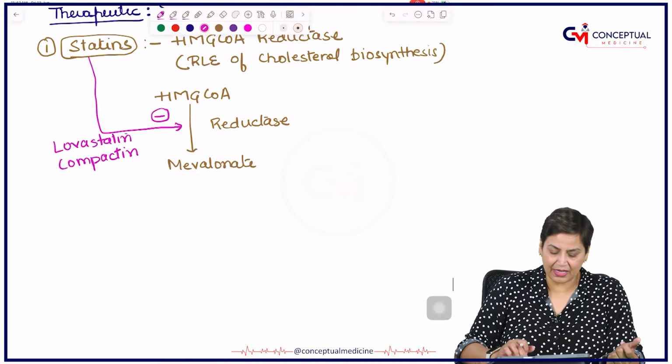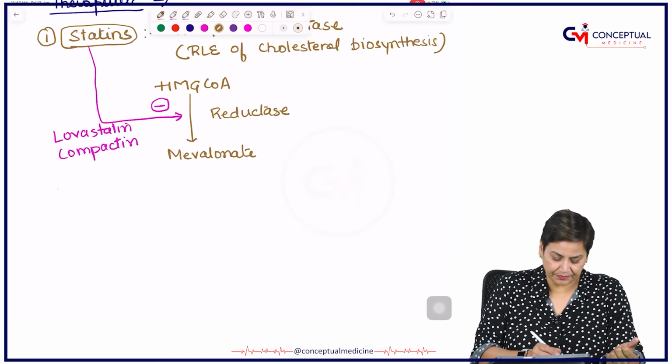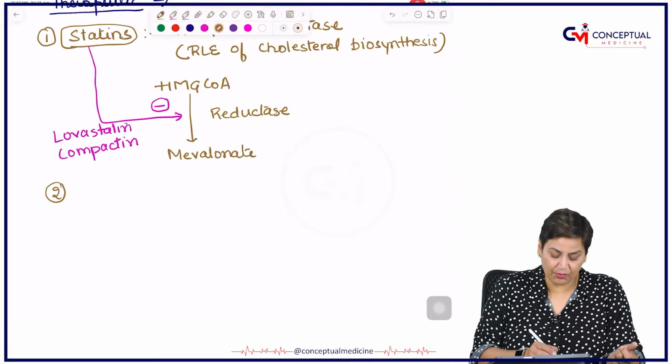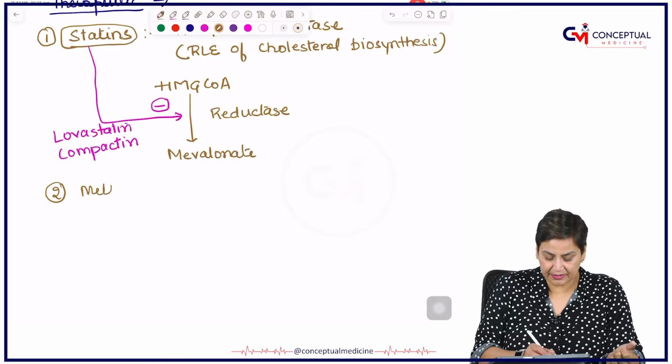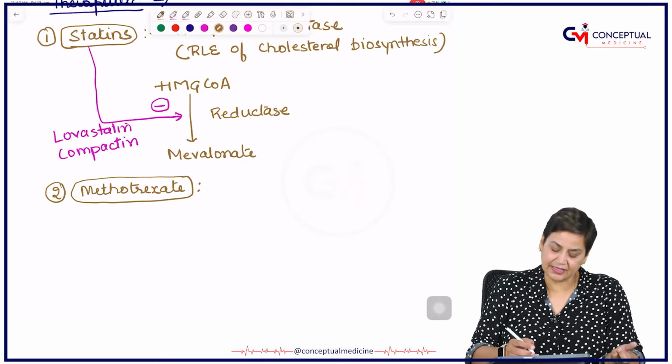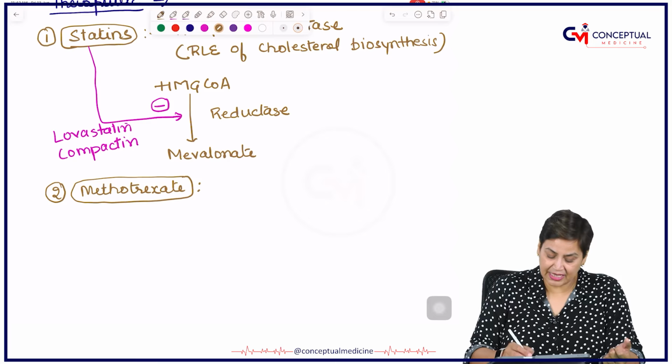Second example we can quote is of the anti-cancerous drugs. The most important one is methotrexate. Now see, if we talk about methotrexate, it is again an inhibitor of which enzyme?